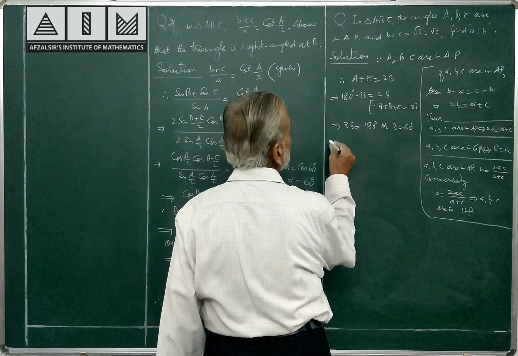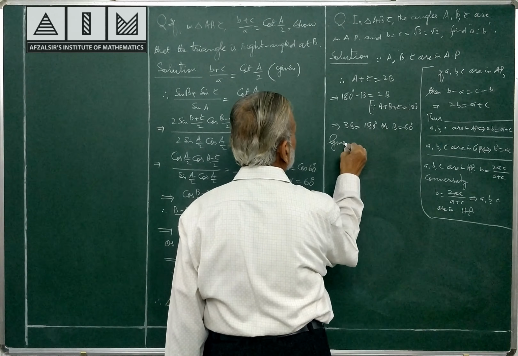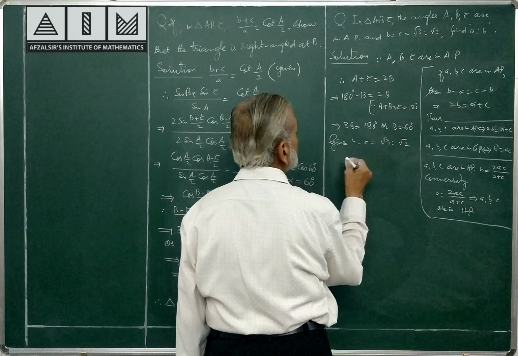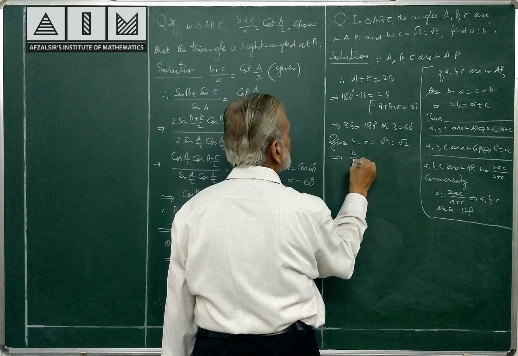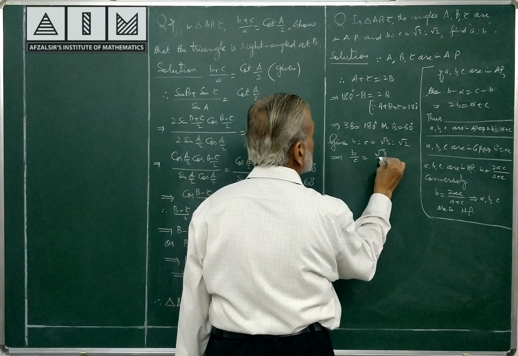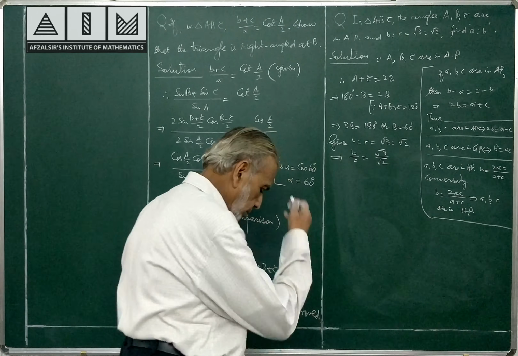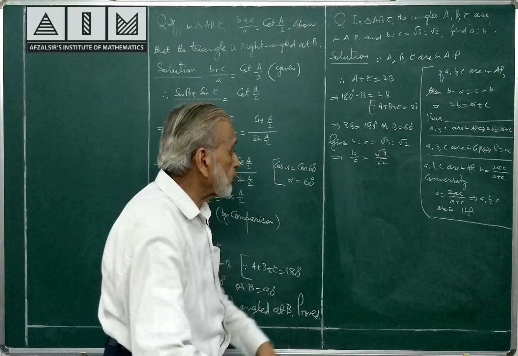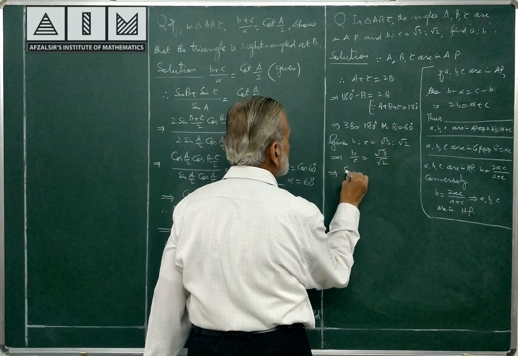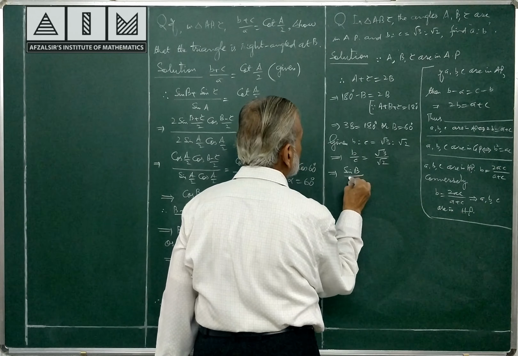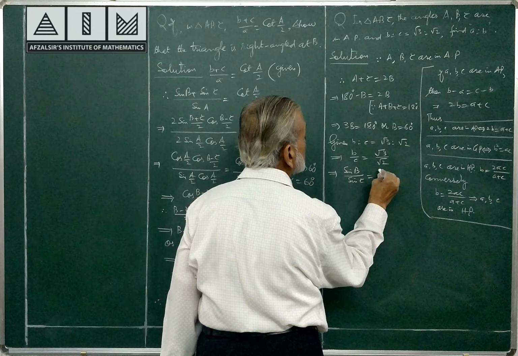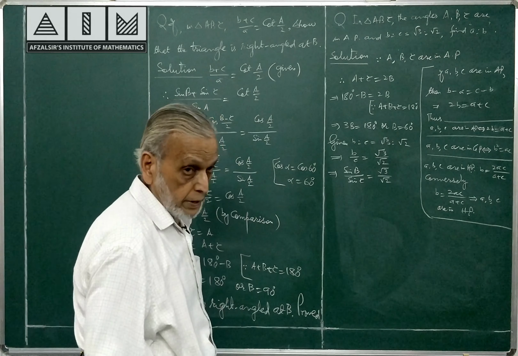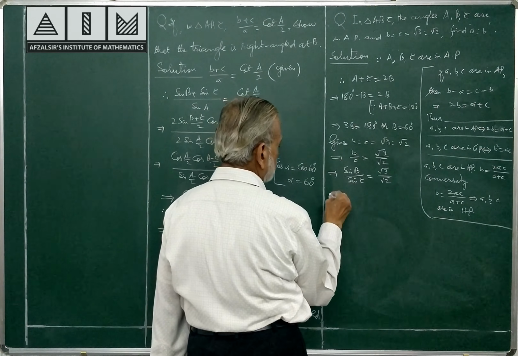Look here. Check up. b by c is equal to root 3 by root 2 by proportionality, and B is 60.